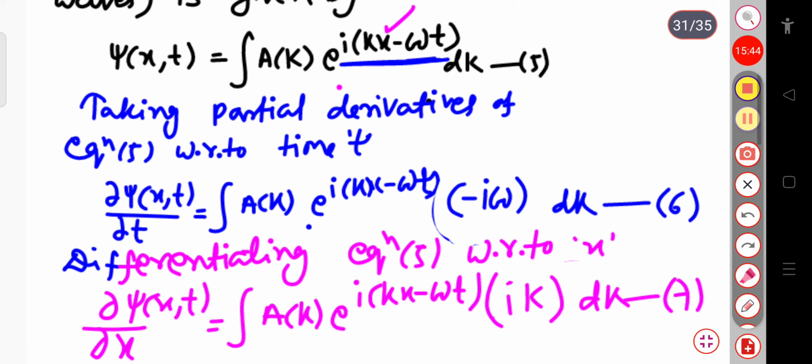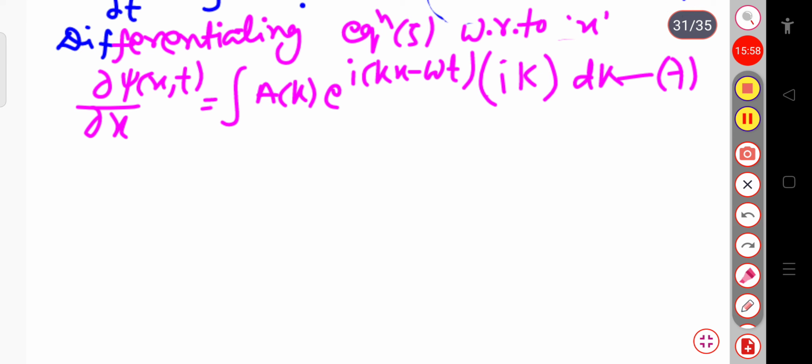Now taking the derivative of this equation 7, or differentiating equation 5 again, our main aim is to calculate the second derivative of equation 5. So let me differentiate equation 7 with respect to x.